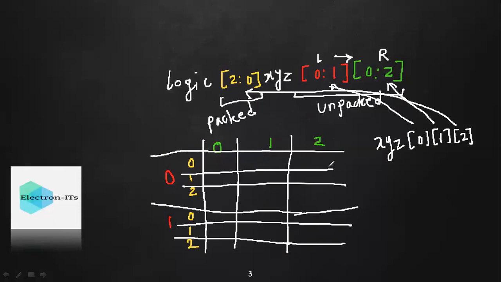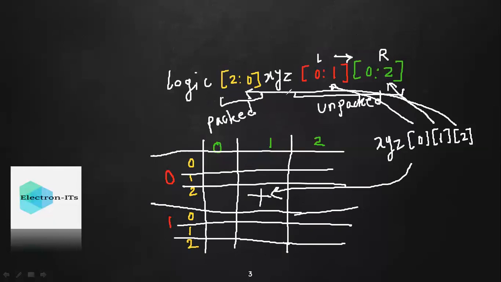So that means this value is nothing but, so 0, then green 1 and yellow 2, that means this. So this value will be present here, right? So this is how we can write the multidimensional array.